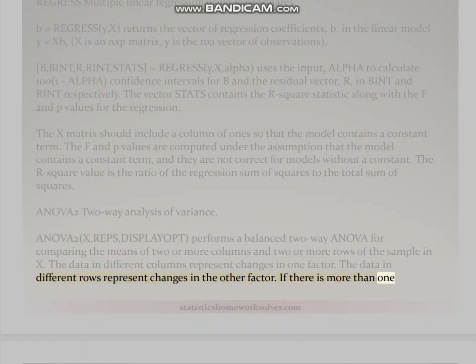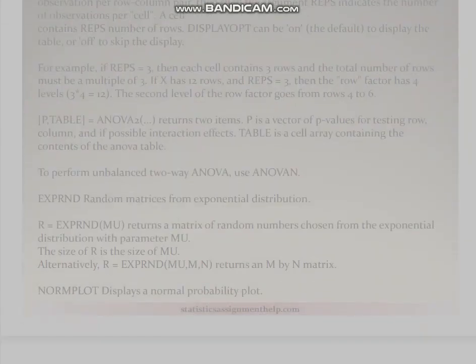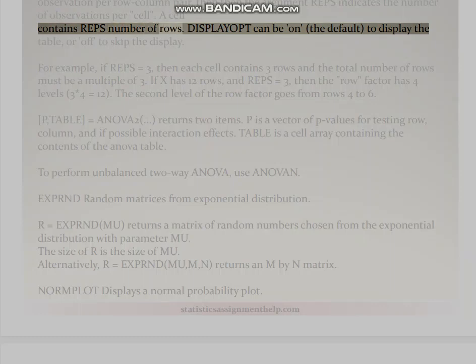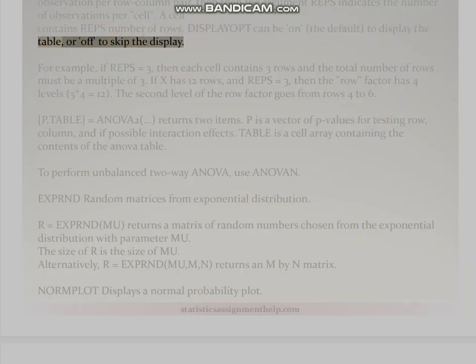If there is more than one observation per row-column pair, then the argument reps indicates the number of observations per cell. A cell contains reps number of rows. DisplayOpt can be on, the default, to display the table, or off to skip the display.